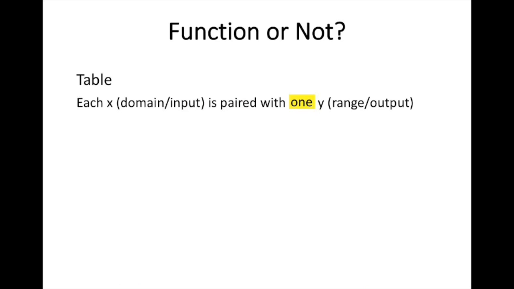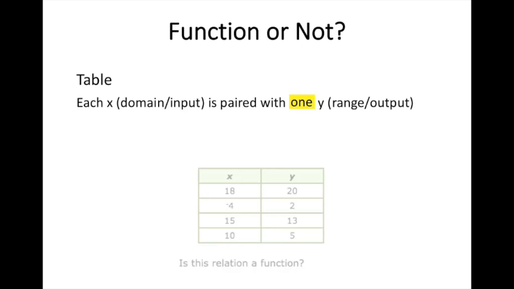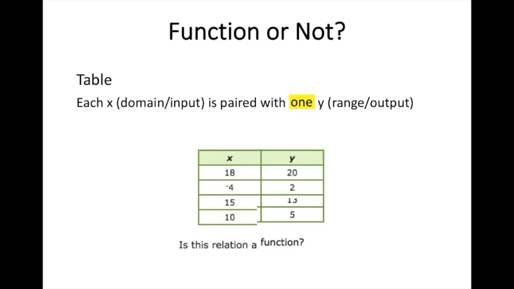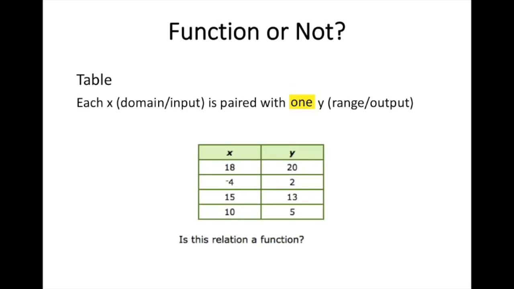Okay, our next type of illustration is a table. Each x is paired with one y. Copy down the words up top, copy down this table, and take a look: is each x paired with one y?